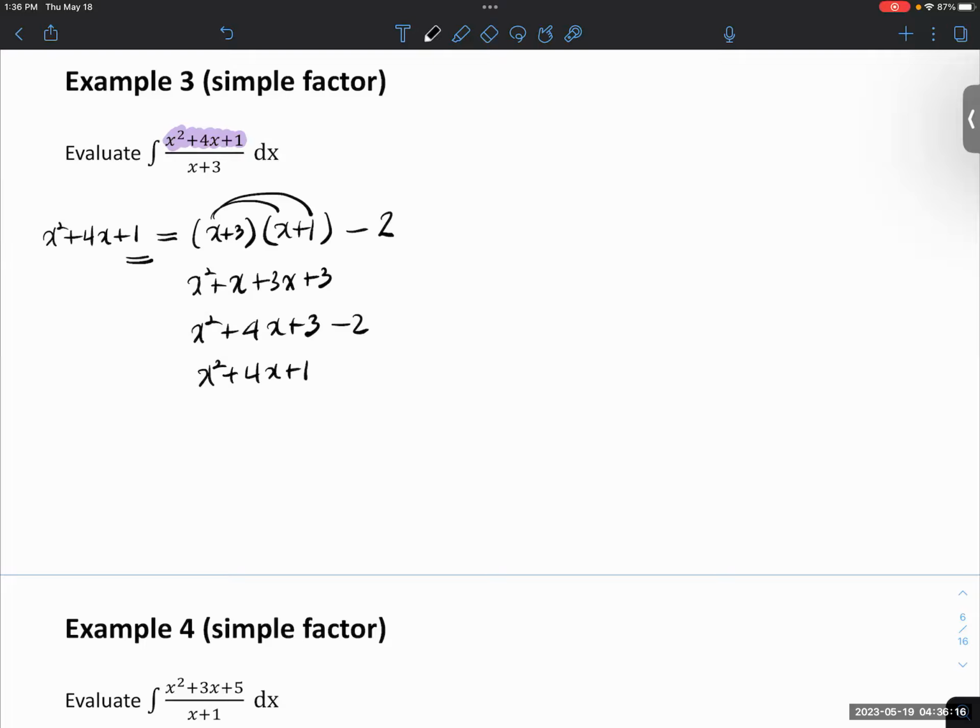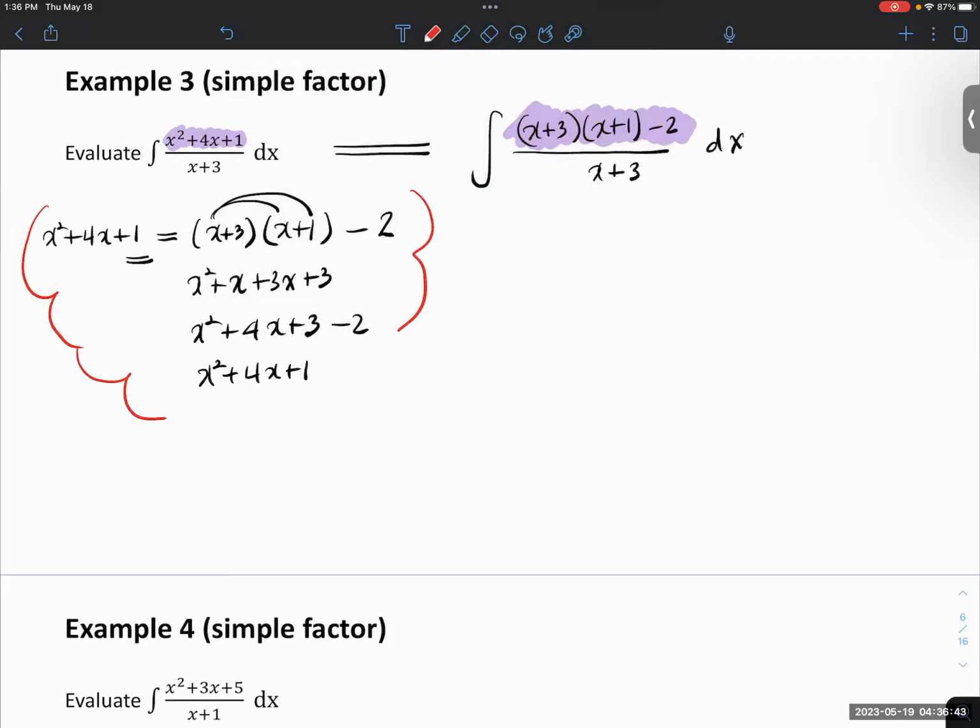So I can say the numerator x squared plus 4x plus 1 is the same as (x plus 3) times (x plus 1) minus 2, over x plus 3, dx. So the purple, they're the same information. That was something you need to think about.